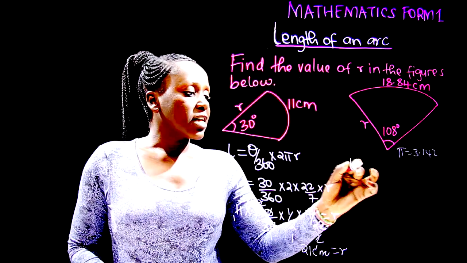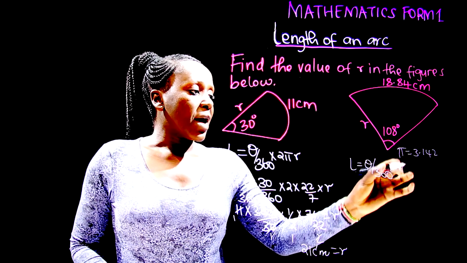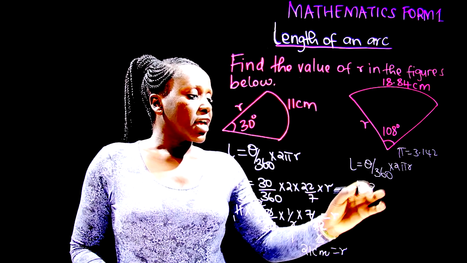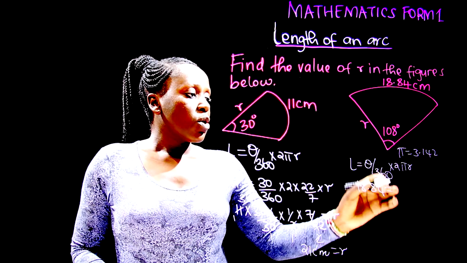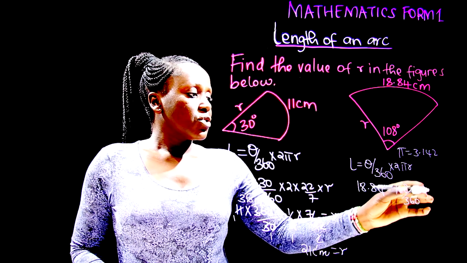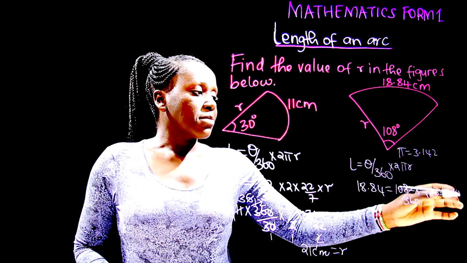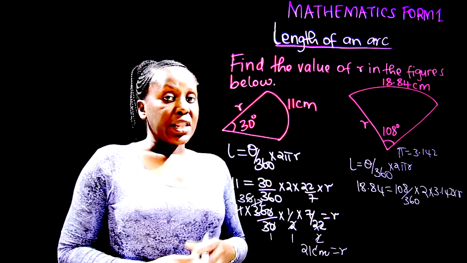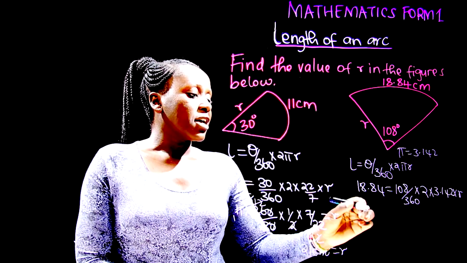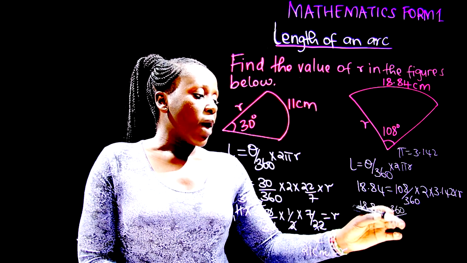So length is equal to theta over 360 times 2 pi r. The length is 18.84, which is equal to 108 divided by 360 times 2 times pi, 3.142, times the radius. We want to get the radius, so we can take everything else to this side. So we have 18.84 times 360 over 108.